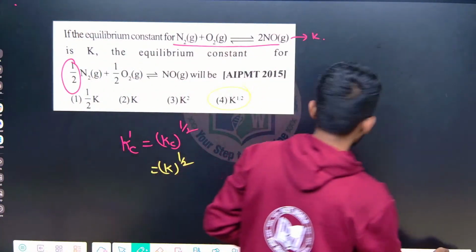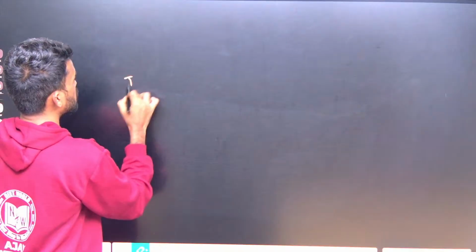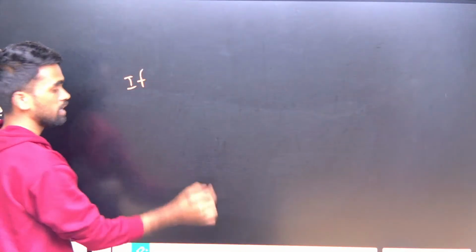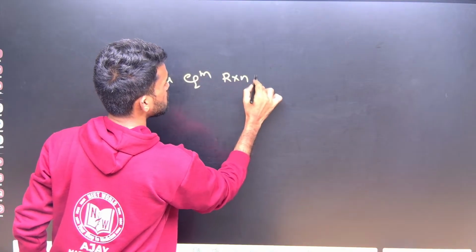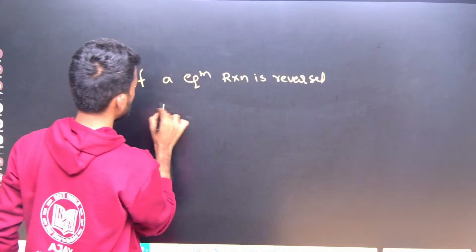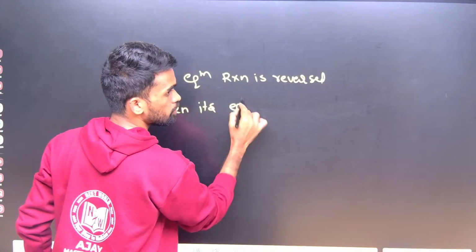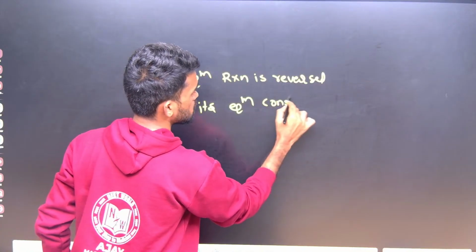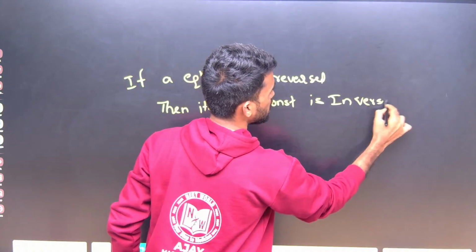Right. Here before going to this question, look at here. Now what I am saying, if an equilibrium reaction is reversed, then its equilibrium constant is inverted.